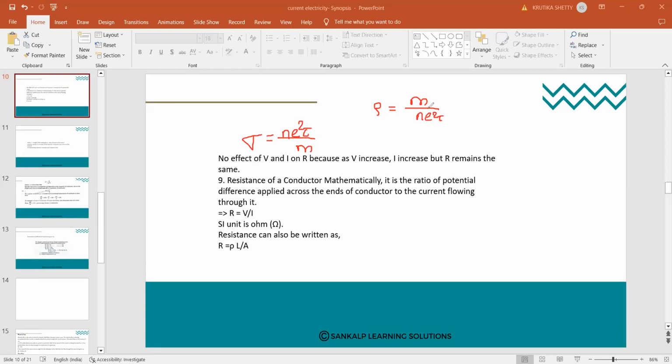So its reciprocal will be n e square tau upon m. n is the number of electrons, e is the charge of the electron, tau is the relaxation time, m is the mass. Okay, so take down these formulas also, which will help us for the derivation.